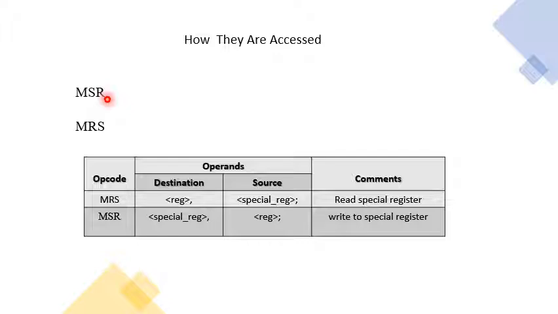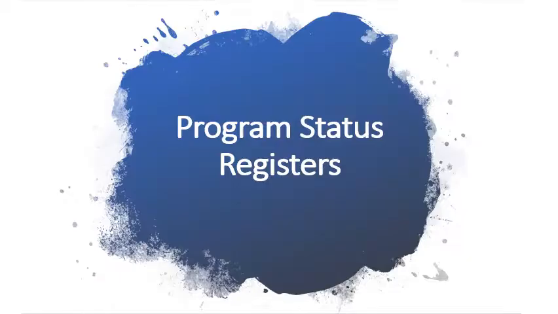So it is very easy to remember here. In both instructions we have M as common. R means we can consider it for reading the content of the special register into the general purpose register, and S means storing the content of the general purpose register into the special register. Okay. Now let us consider the first one, that is program status register.